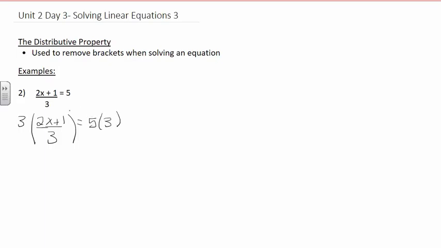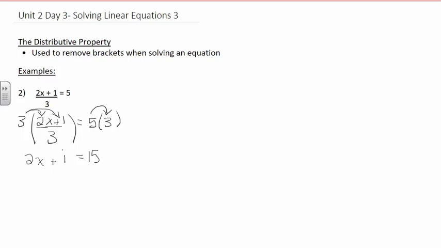Then we will use our distributive property to get rid of the brackets. So 3 times the 2x divided by 3, and 3 times the 1 divided by 3, as well as the 5 times the 3. And we get this. So 3 times 2x is 6x, divided by 3 is 2x, plus 3 times 1 is 3, divided by 3 is 1, and 5 times 3 is 15.